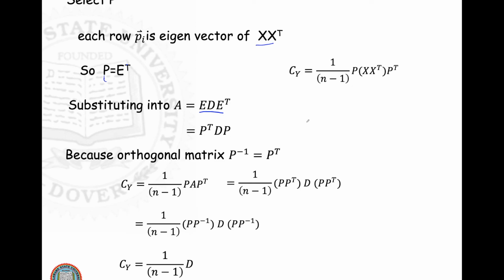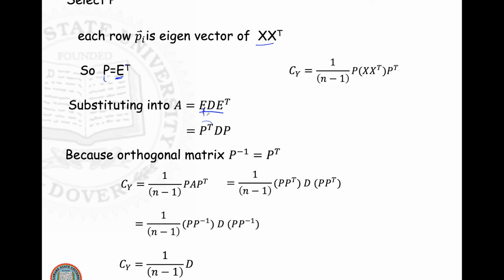And so if we treat P as the eigenvectors of our XX transpose, we can substitute this P here for this E because P will diagonalize our XX transpose. So we substitute this expression for P as our row matrix of eigenvectors, and we put in a P transpose here because P is E transpose. To get E, we write P transpose.